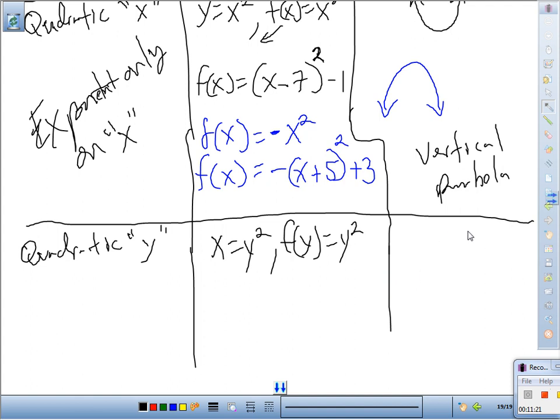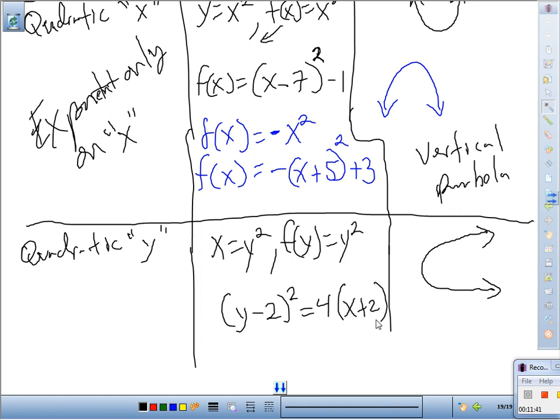What is that going to look like, Mr. Q? Like this. Oh, I remember these. Yes, but the only thing I give them to you like this. Y minus 2 squared equals 4 parentheses x plus 2. Remember those? Yeah.